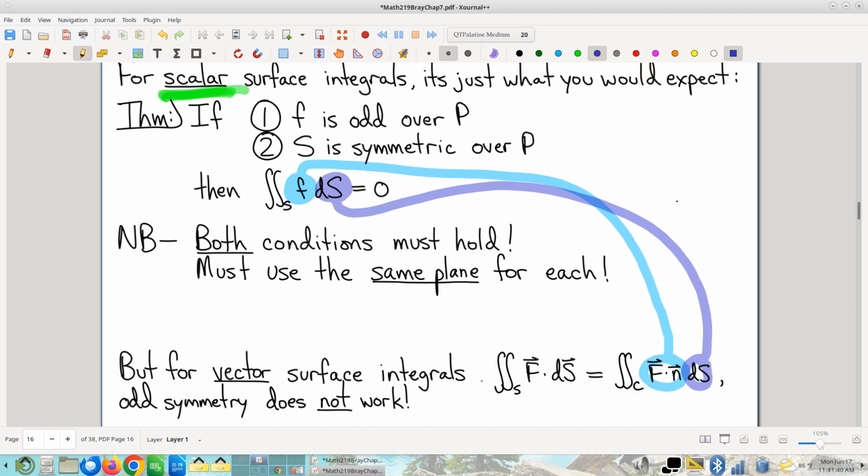Forget about where it came from. If you just think of this now as being a scalar surface integral like so, and if that integrand, not your original vector field, but f dot n, scalar valued function, if that is odd, and if your domain is symmetric, then yeah, absolutely, of course, that's perfectly fine. But you do have to do the work and reinterpret it correctly, of course, as a scalar surface integral.